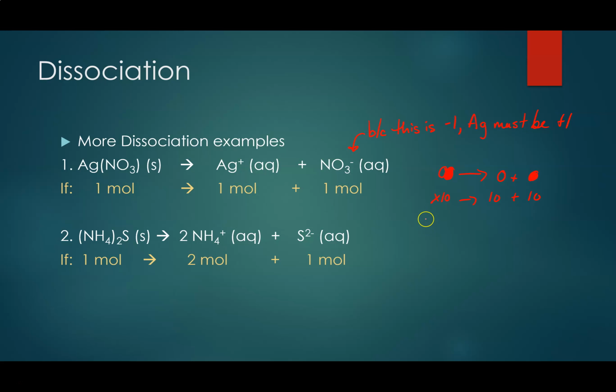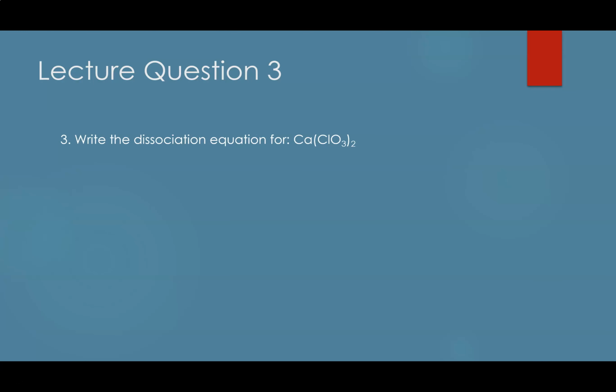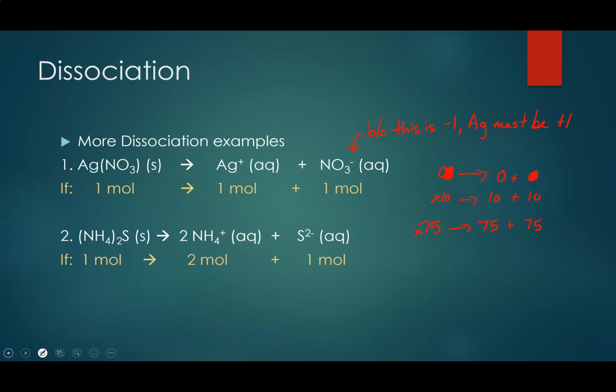If I had 75 of these molecules, it would break into 75 of these and 75 of these. Think about it like a puzzle with 2 pieces that breaks apart the way it's supposed to.